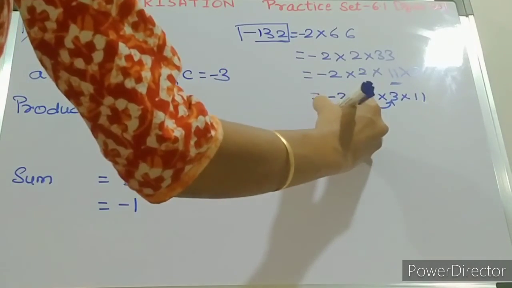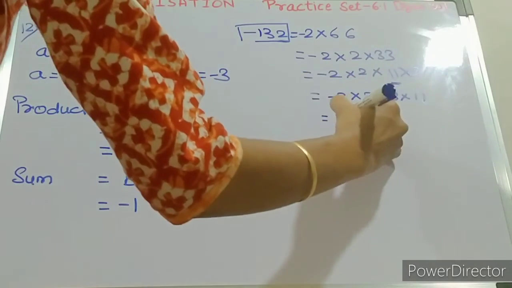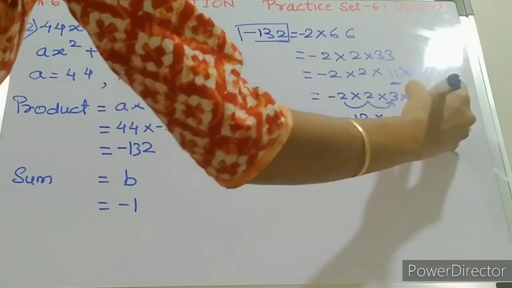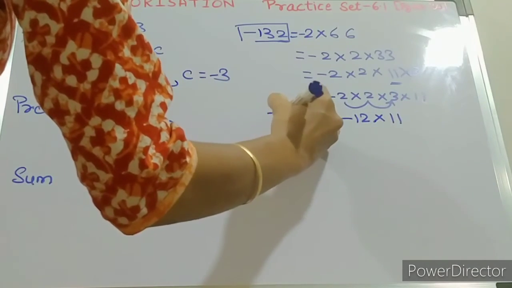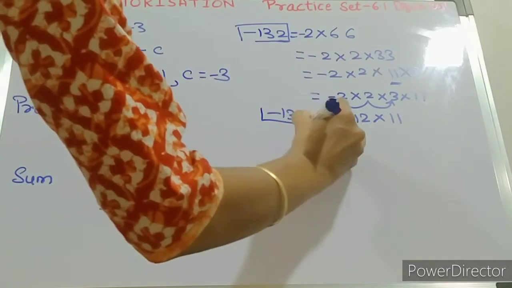Minus 2 multiplied by 2 is minus 4, multiplied by 3 is minus 12, into 11 is nothing but minus 132. Correct? If I take minus 12 and 11 as my factors, I will get the product.